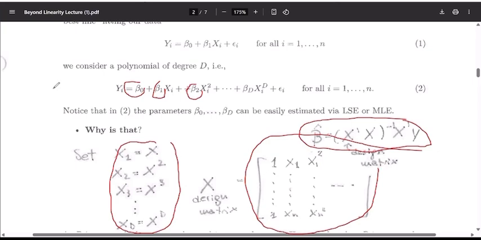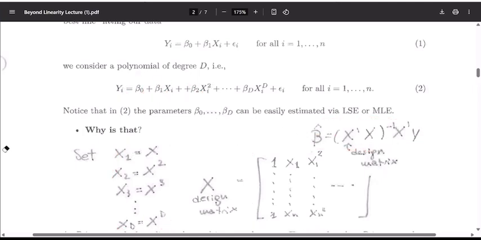Now, let me tell you this. In fitting polynomial, even though the polynomial is going to do a great job in bringing out the trend, the issue with the polynomial is that it could overfit. I'm going to say that again.